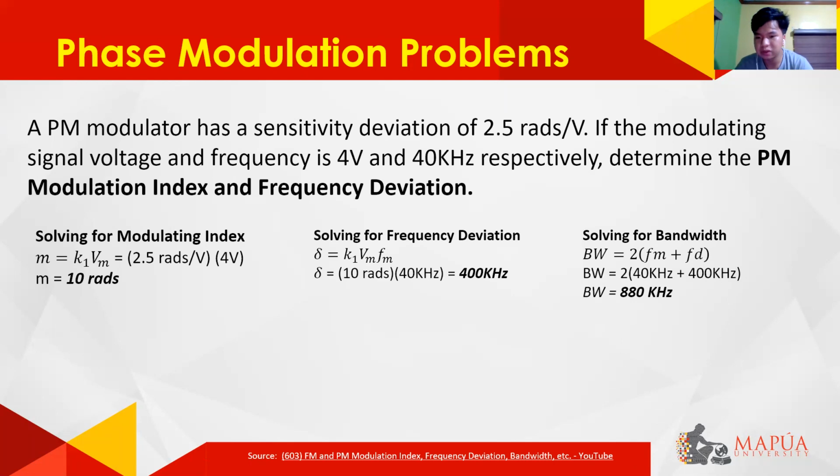Since 40 and 400 are both in kilohertz, we can simply add them. But if one of them has a different prefix, we should first convert them so we will not come up with a wrong answer. So we have 40 plus 400, or 440 kilohertz, and we multiply that by 2. We have a bandwidth of 880 kilohertz.